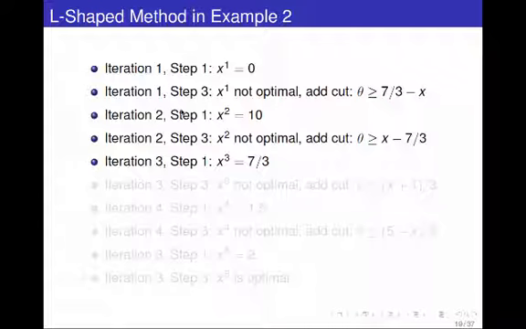Sorry about that. It's minus 7/3, so it would be somewhere here. And it would have the same slope, but it would meet with this. So what I want to draw is something maybe like this over here. Okay, good point. Thank you.